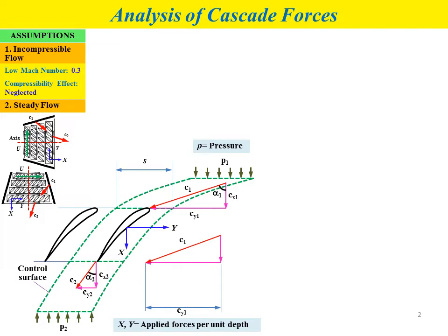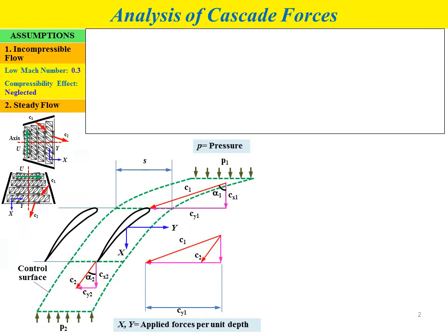So C1, we have the X component and also the Y component, Cy1. For C2, now we will have two triangles with the same X component value.